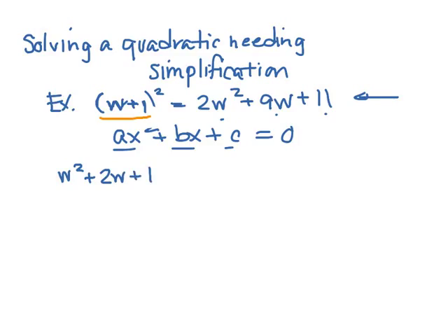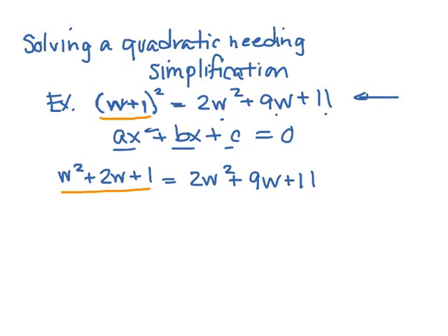If you remember, and I'll write it down here, that's the same as w plus 1 times w plus 1, right? So you want to go ahead and multiply all of that out, and you'll see that you get this part right here. And you should be familiar with that. So all of that now equals 2w squared plus 9w plus 11.